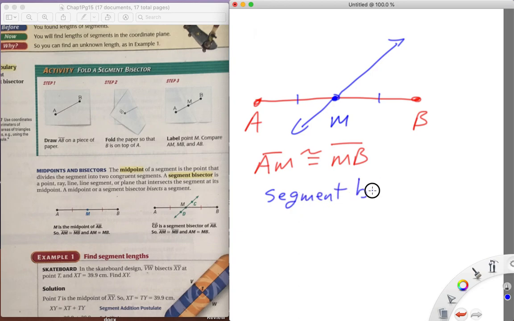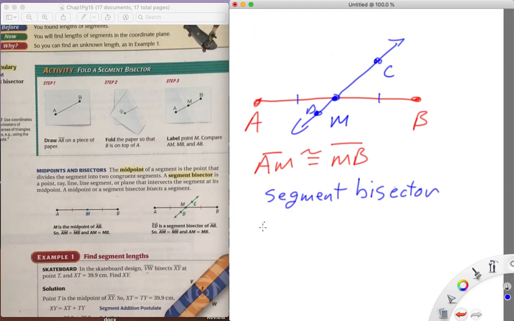Bisector means to cut in half, to bisect. Bi meaning two, to cut into two equal pieces. So in this case I have some line DC. I would say that line DC is the segment bisector of AB.